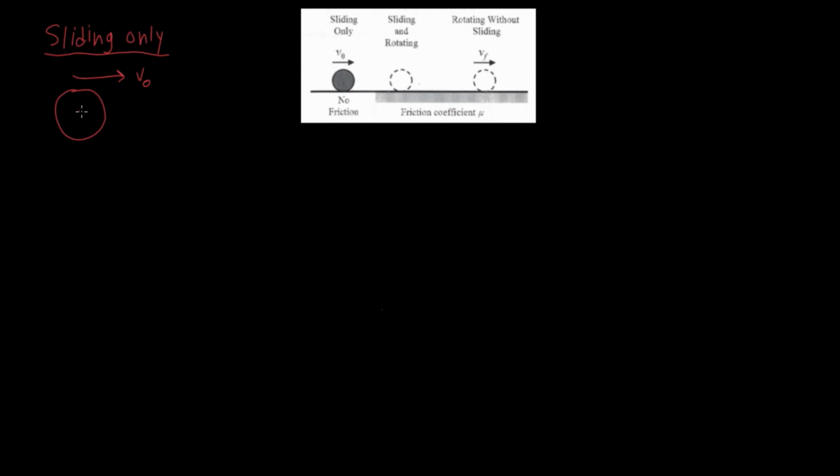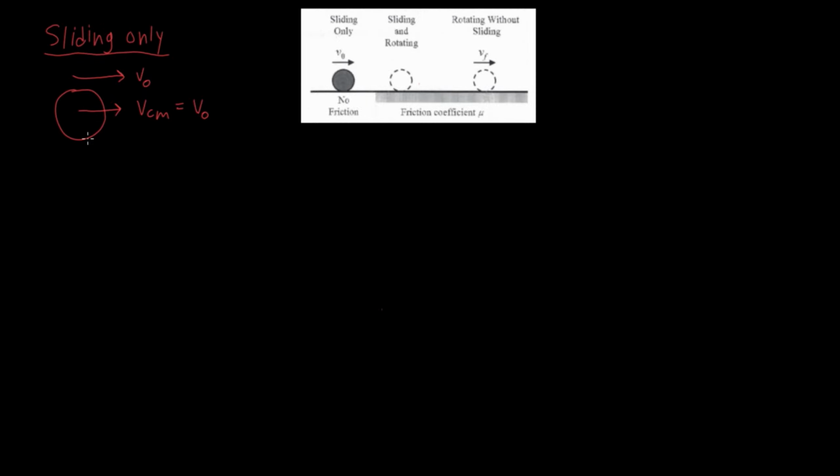Because the object is sliding only, that means that each individual point on the object will also travel at this initial velocity. So what we can say is that the center of mass of the object, which is at the center of the object, has a velocity equal to the initial velocity, because the object is sliding only and the surface is frictionless.